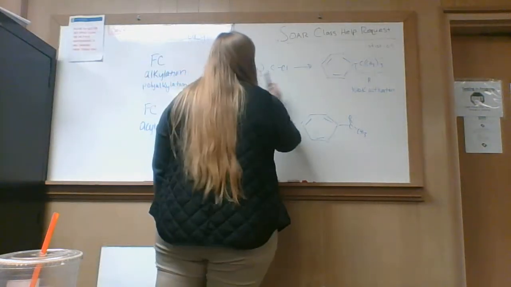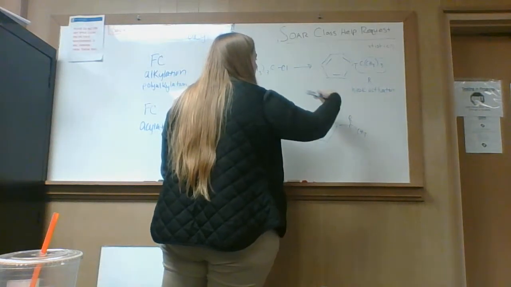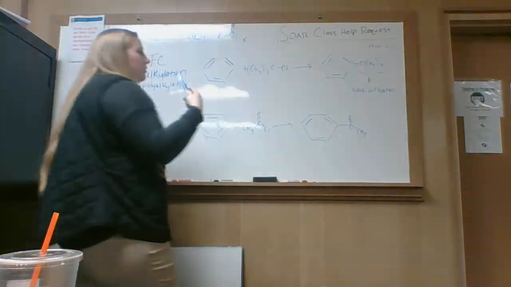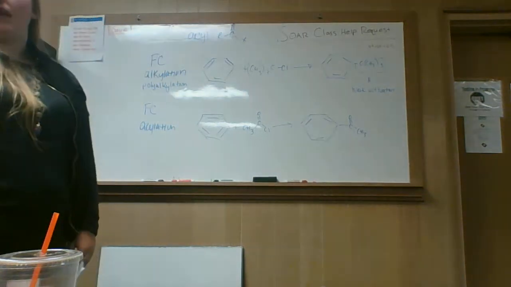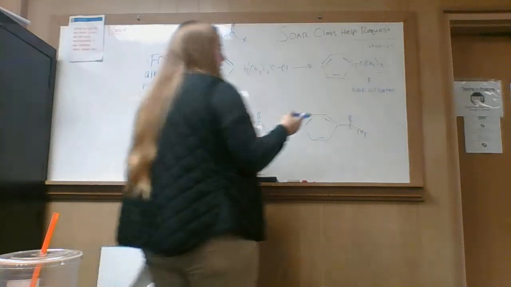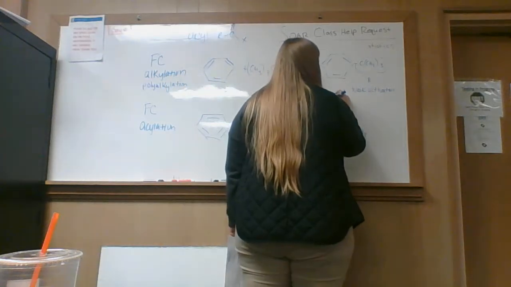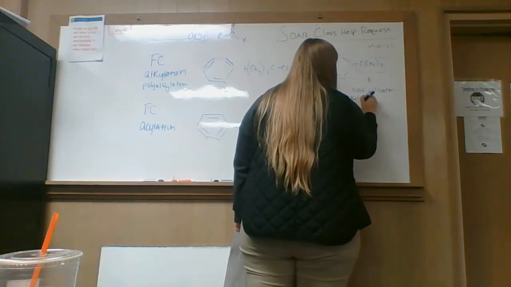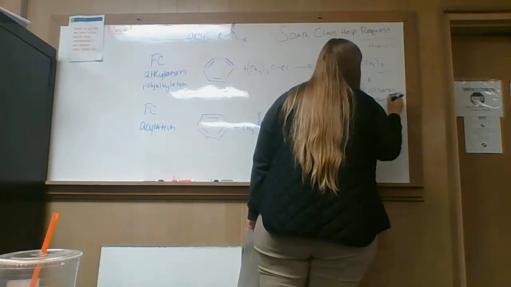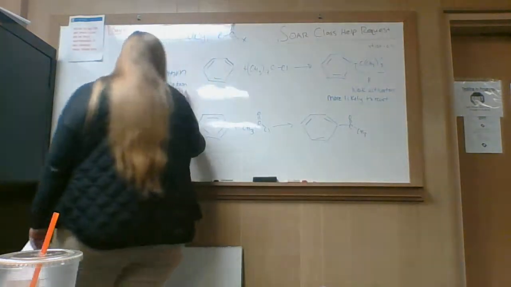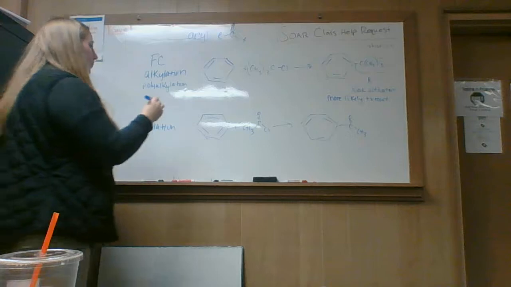By adding this alkyl group, we activate the ring and make it more likely to react again. This is what gives us this polyalkylation that we don't really want.